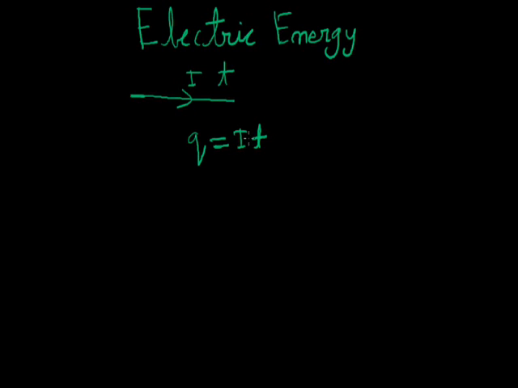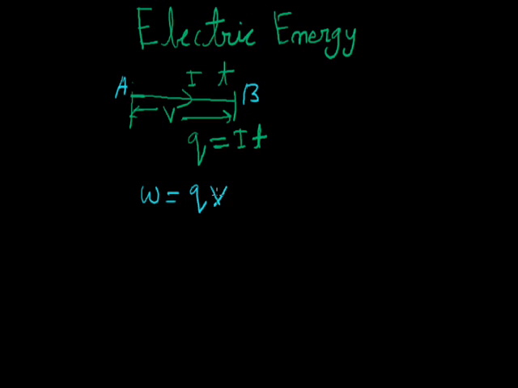Then the potential developed between this wire is capital V. Now due to this potential and the charge, work has to be done by the charge to move from position A to position B. This work will be equal to Q into V.